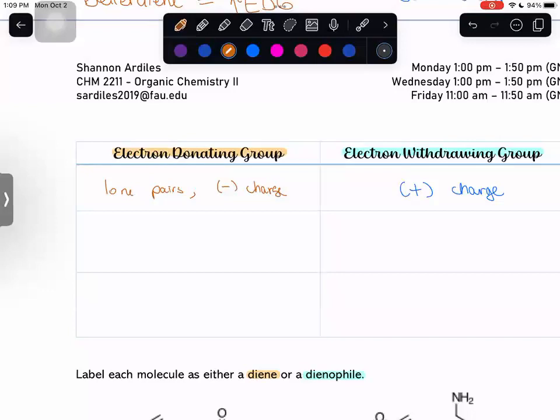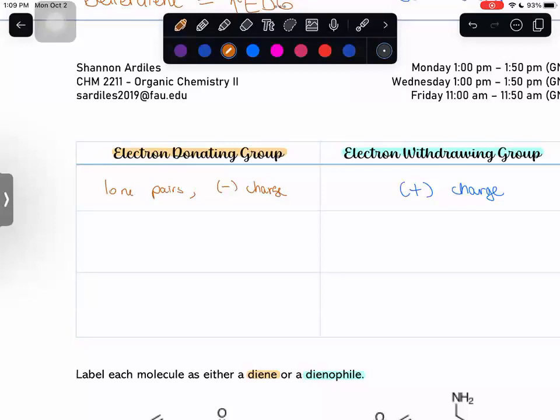Okay, that's for resonance. Inductive, the oxygen itself is negative, so it's pulling the electrons towards itself, forcing the carbon on the end.